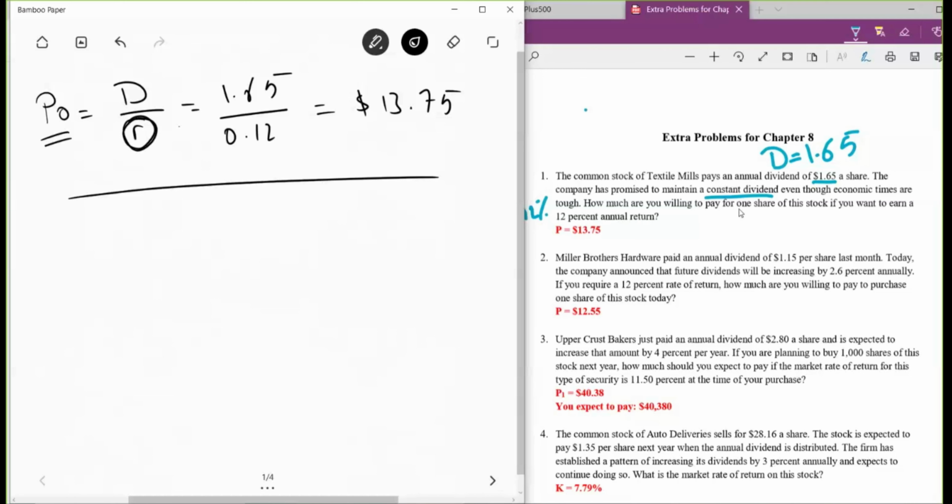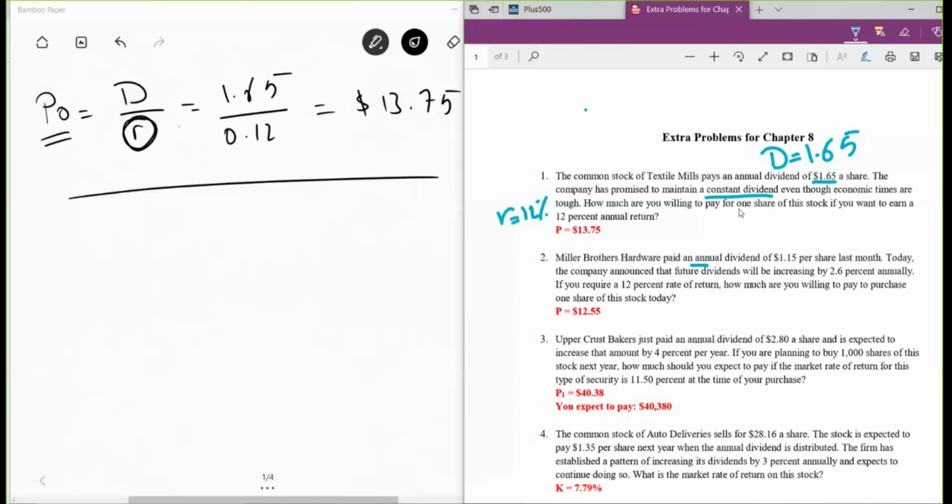Number 2, Miller Brothers Hardware paid an annual dividend of 1.15. So this is the thing that I want you always to do. I know now the exams are going to be online, but usually when you are solving problems on stocks valuation, always be careful when you read the given.